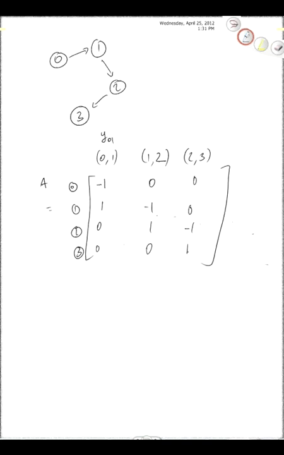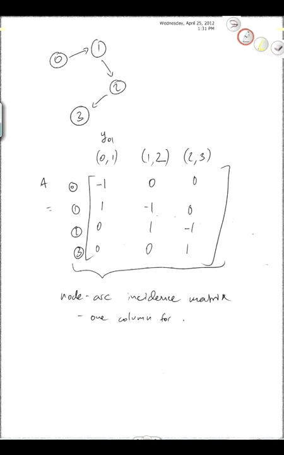The matrix that we've created has a special name. It's called the node arc incidence matrix. The basic idea is that it has one column for every arc and one row for every node.